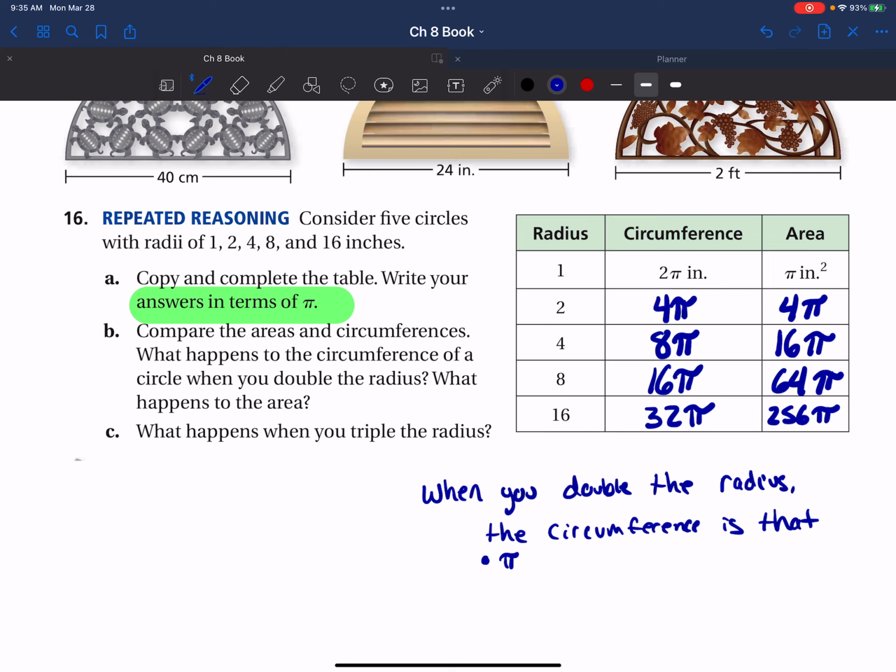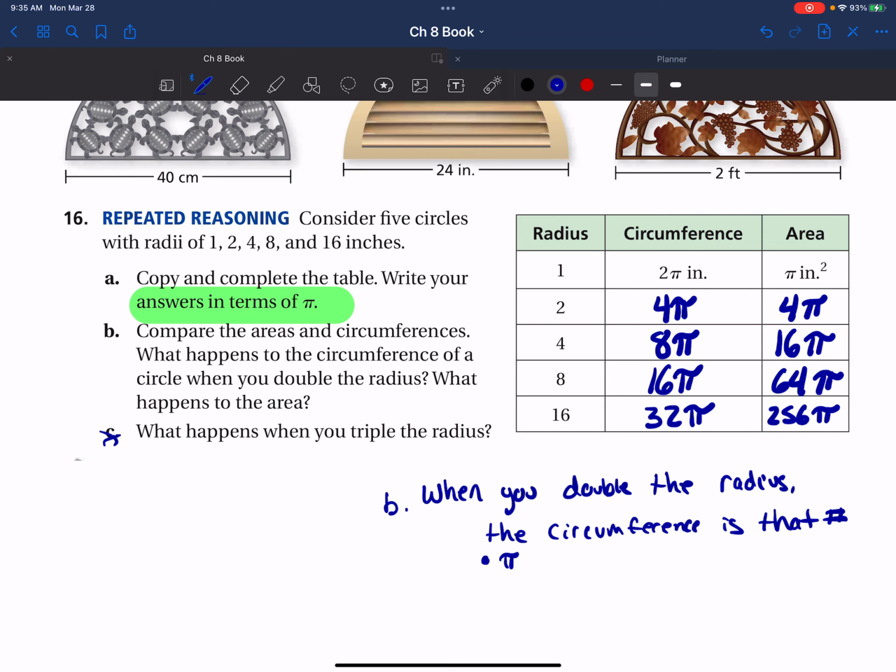And then the area, when you double it, it's that times 2 again, right? Oh gosh, these patterns are crazy. I'm just going to leave that as my answer for B. When you double the radius, the circumference is that number times pi. And then we're going to skip C. Ain't nobody got time for that.